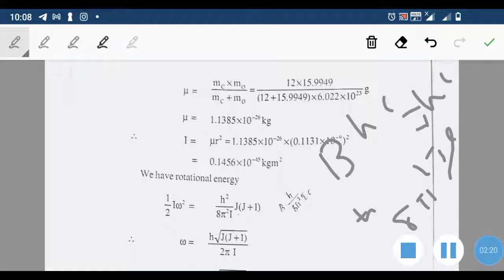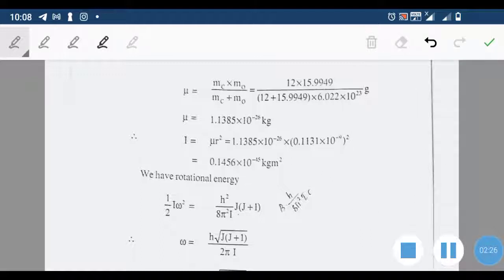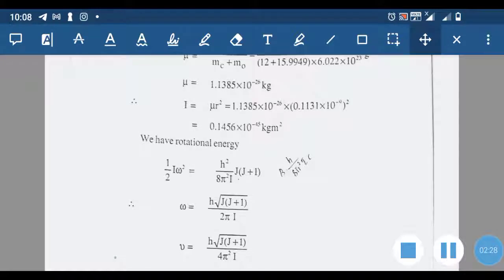So h into h square, c and c get cancelled. So h square divided by 8 pi square I into J into J plus 1. From this we can calculate omega, the angular frequency.